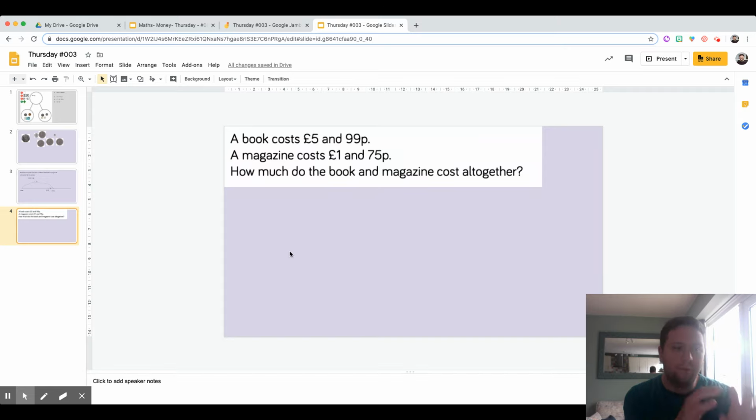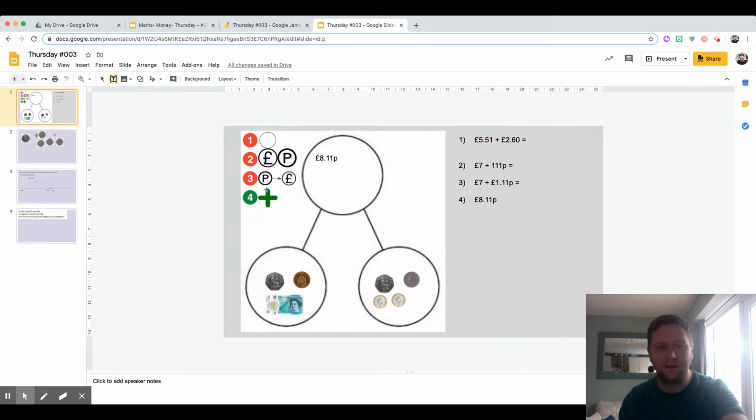Okay, so how can we apply what we've just learned into a word problem? A book costs £5.99. There's that 99 again. A magazine costs £1.75. How much do the book and magazine cost all together? So the first thing I'm going to do, just like when we did here, the first step was find out how much was in each part.